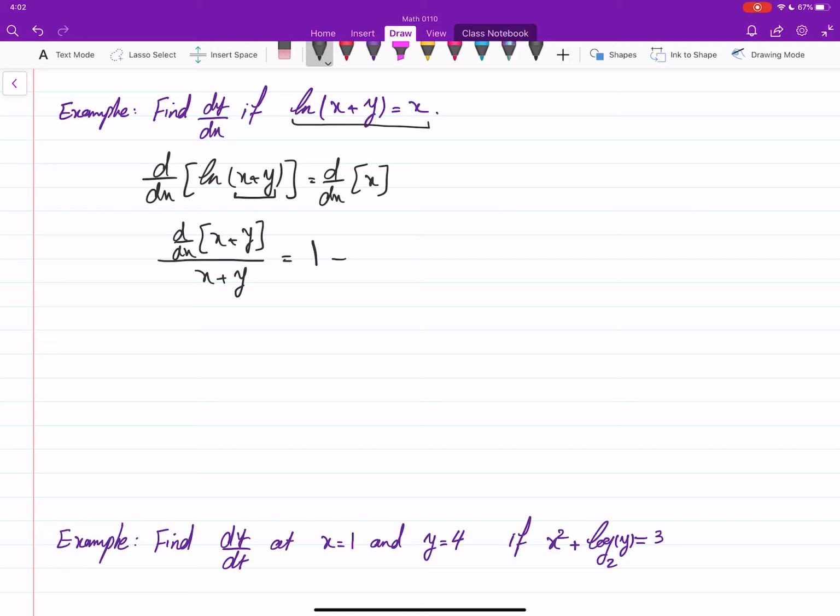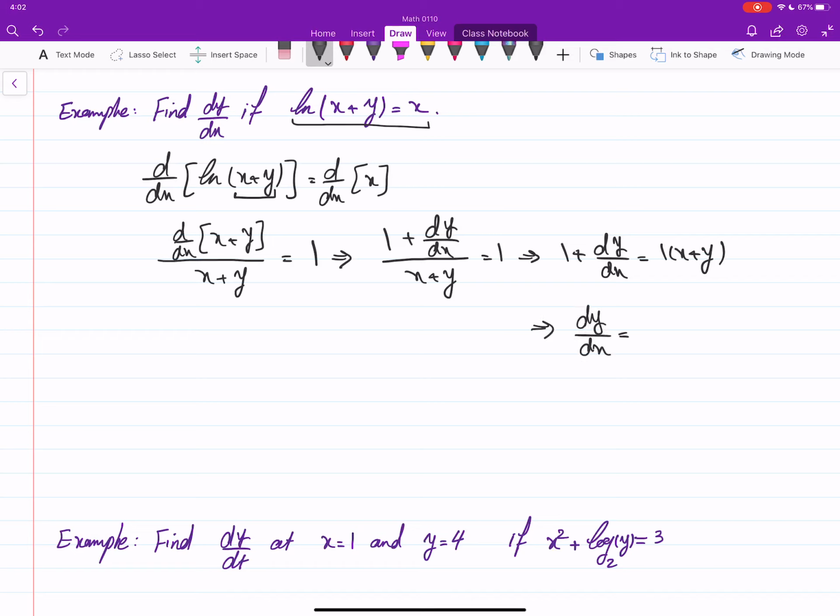Very nice. And this guy here, derivative of x is 1. Derivative of y with respect to x, we just write dy/dx. Now we have an equation for dy/dx. We solve 1 plus dy/dx is equal to 1 times x plus y. And as a result of that, dy/dx is x plus y minus 1. That is dy/dx for that y and x with that equation.